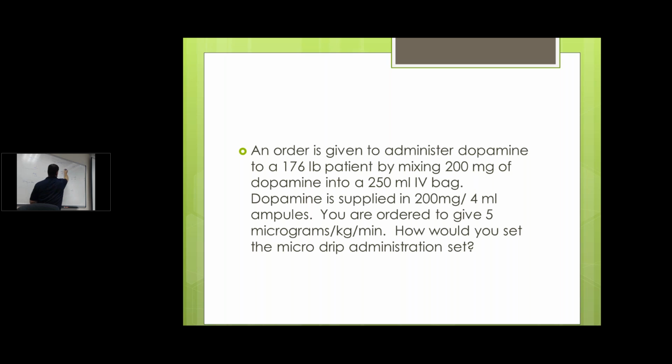So all we just did was add one more equation in that spot. That's it. So in this case, 176 pounds, how much does that patient weigh in kilograms? 80. So you're going to see a lot of 176, a lot of 220s, 135s, different ones like that come out there.